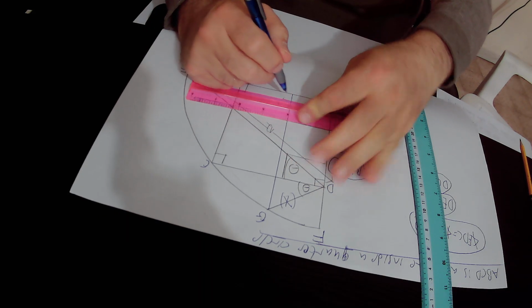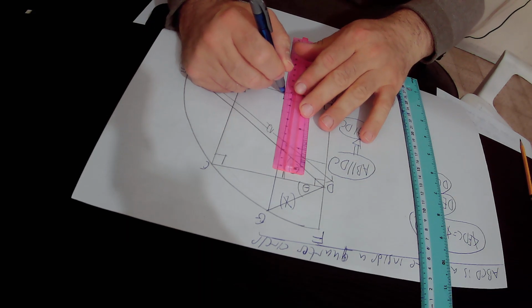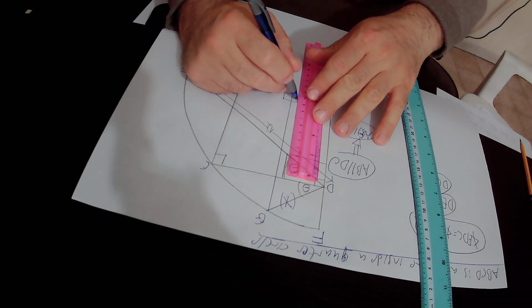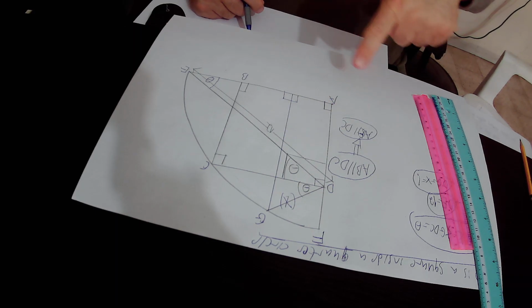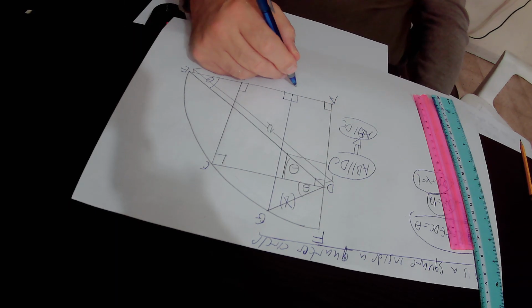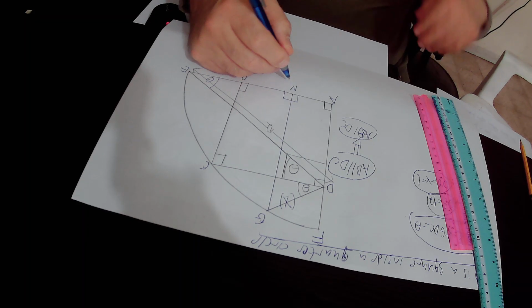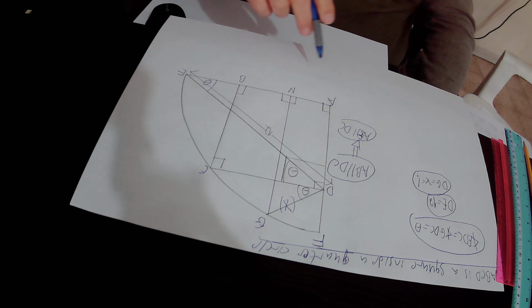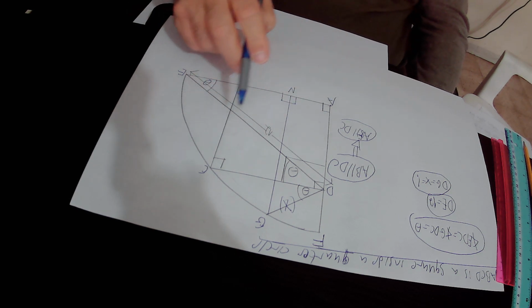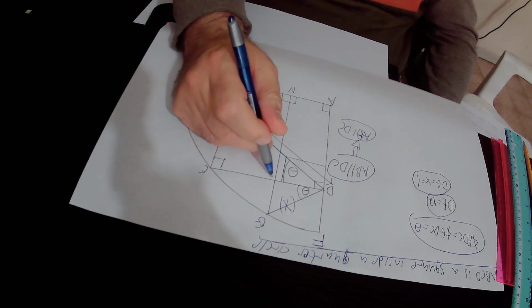So actually, this angle equals 90 degrees, and this angle also equals 90 degrees according to our construction. We define the touching point of the perpendicular from point G and AB as N. Likewise, we define the intersection point of the perpendicular GN with side DC of the square as M.